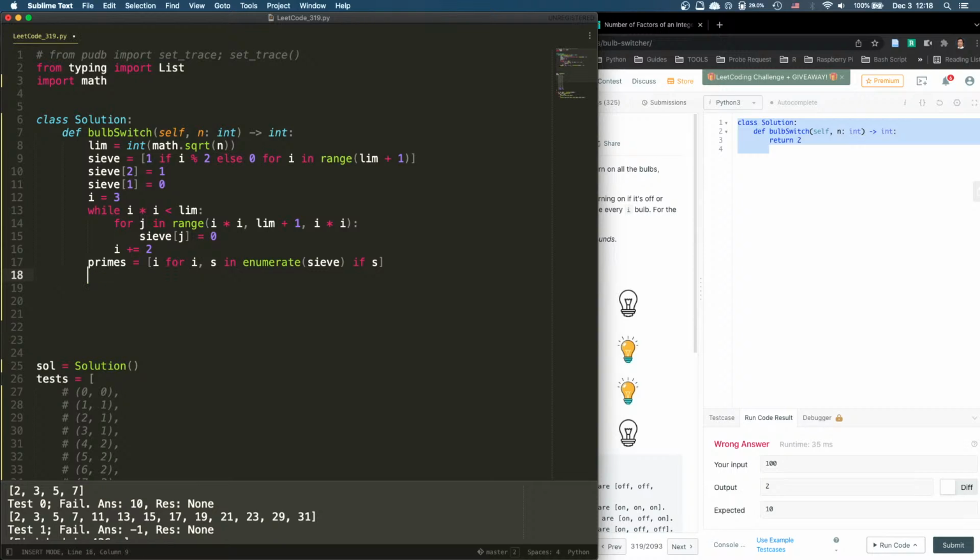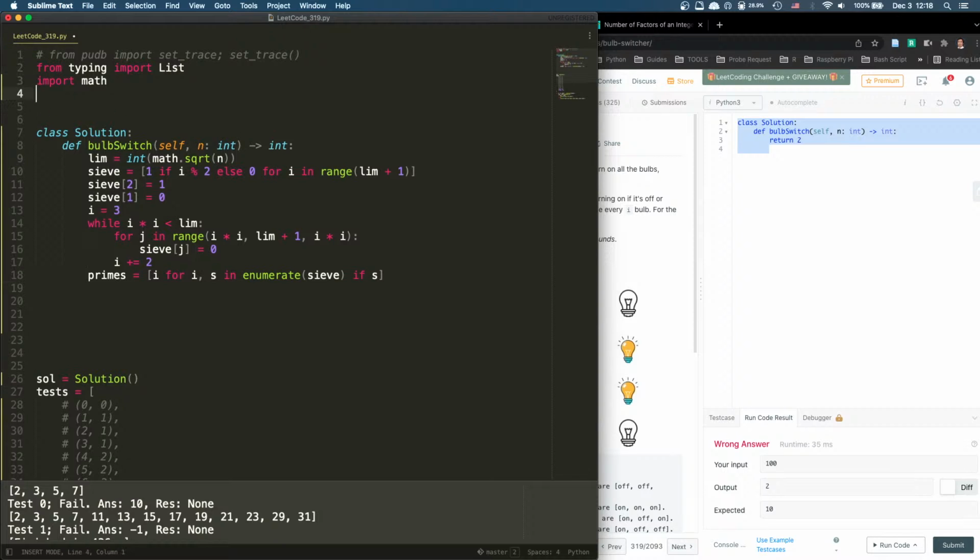Now what do we do? Now we need a priority queue, right? So we say import heapq. Now heap is going to start with 1, and we say prime squared.